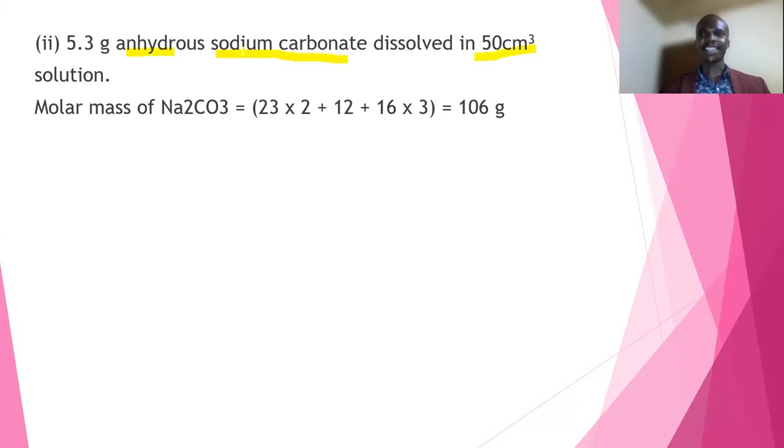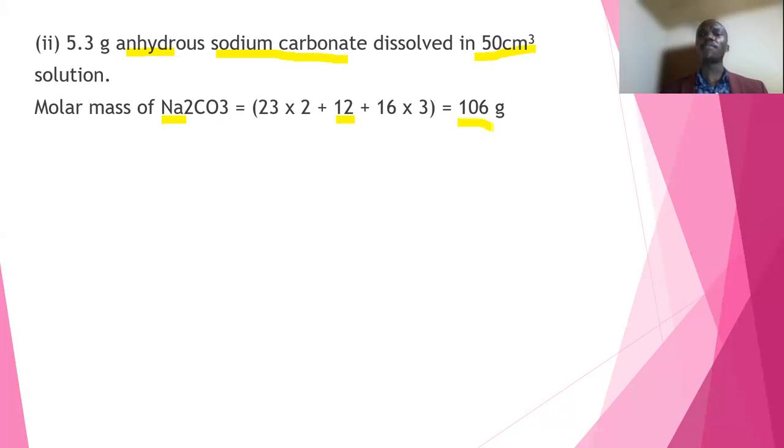Very good. So from there, you can see now we have 2 sodium atoms. That is now 2 times 23, which will give you 46, plus 12 for carbon, plus 48, which will be 16 times 3, then will give us 106.